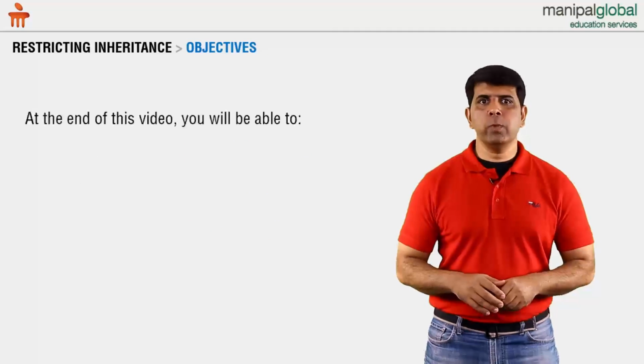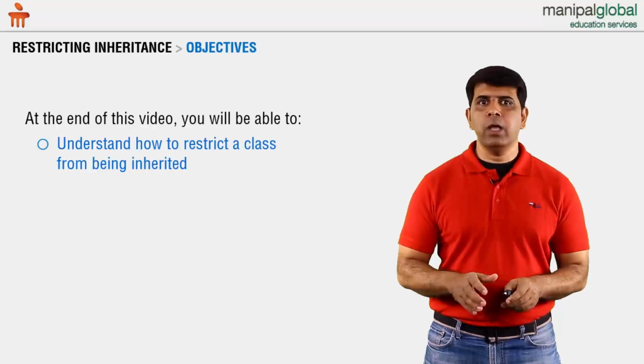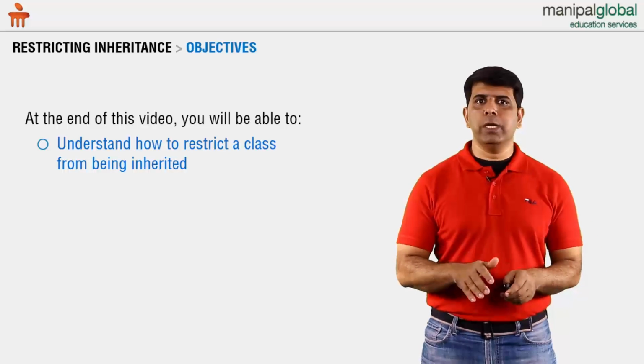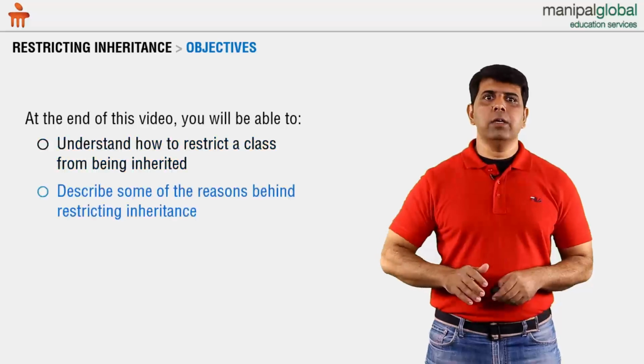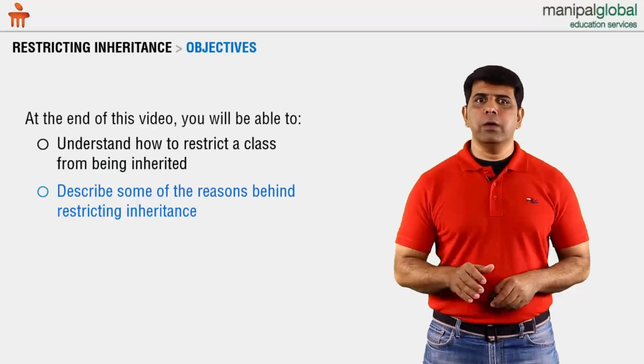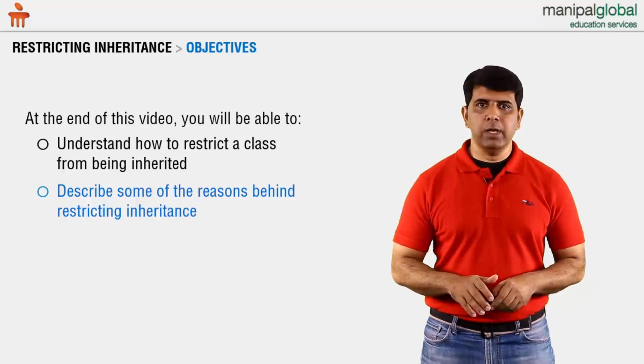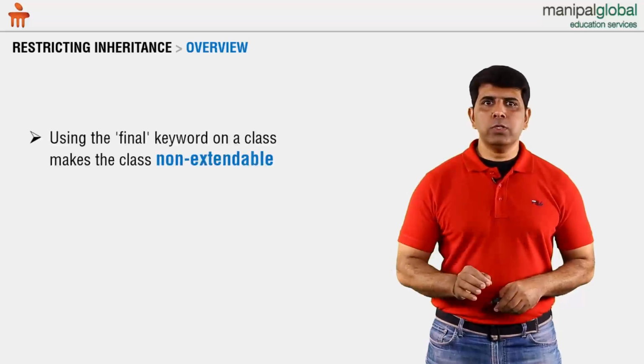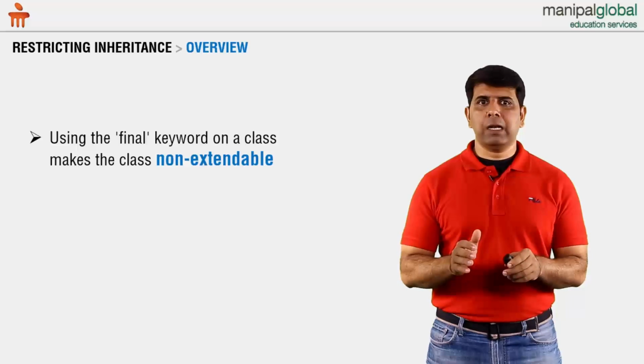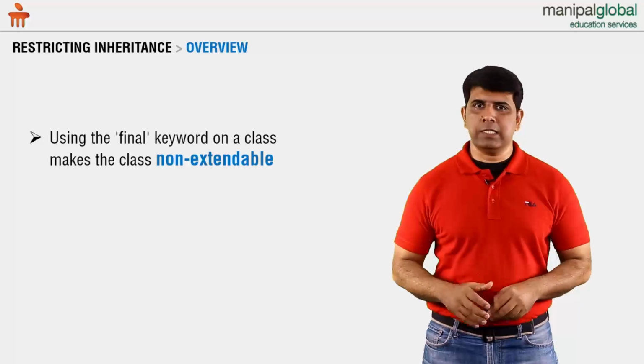Now at the end of this video, you should be able to understand how to restrict a class from being inherited and describe some of the reasons behind why restricting inheritance is important. Using the keyword final for a class makes it non-extendable.